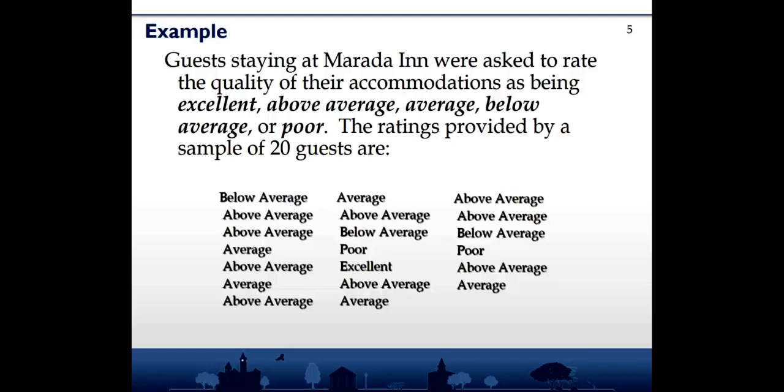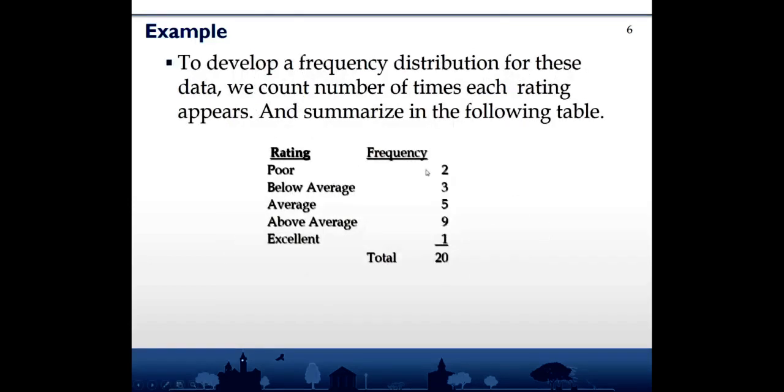Now we can obtain the frequency distribution. So how many poor ratings do we have? 2. How many below average? You count the frequencies, count the observations in each of the classes, categories. So you have total 2 poor ratings, 3 below average, 5 average, 9 above average, and only 1 excellent rating.